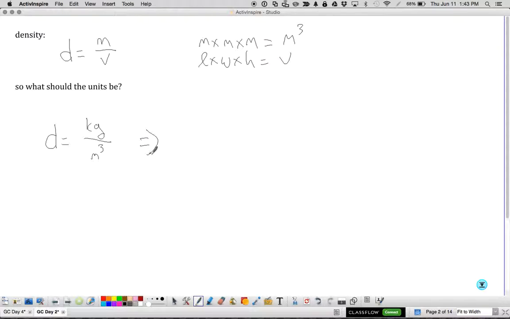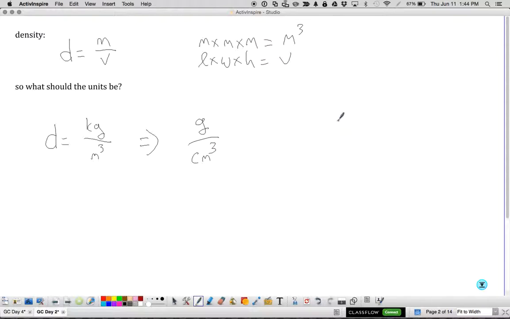So instead, the units that are preferred are grams per centimeter cubed. Now that would be centimeter times centimeter times centimeter. So basically, I've just divided everything. I've made everything a little bit smaller. Okay, that makes it a more reasonable set of units.